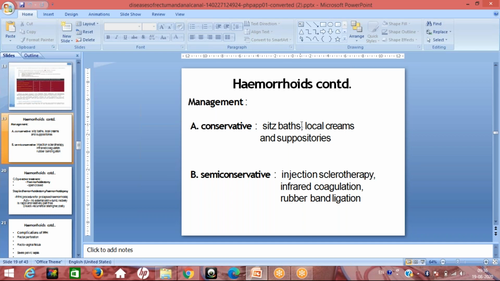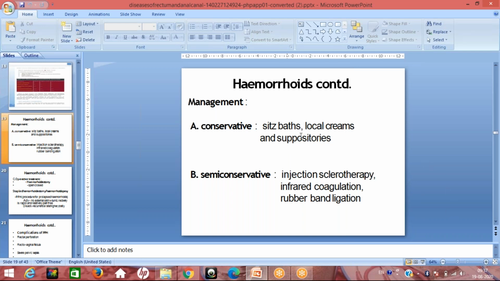Sitz bath means you ask the patient to sit in a tub filled with lukewarm water, with a few drops or roughly about 5 ml of betadine solution placed in that lukewarm water, and you ask the patient to sit about 3 to 4 times a day or immediately after the patient passes stool.